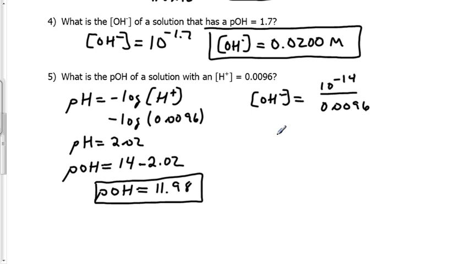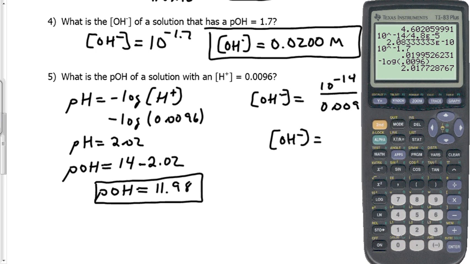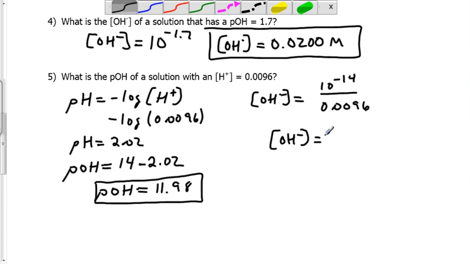So the concentration of OH minus will be equal to 10 to the negative 14th divided by 0.0096. So this is 1.04 times 10 to the negative 12.